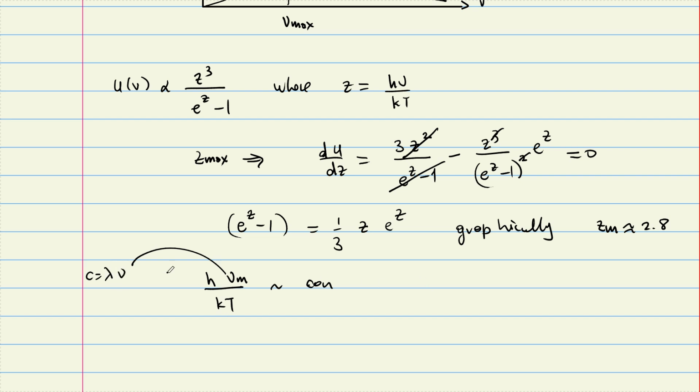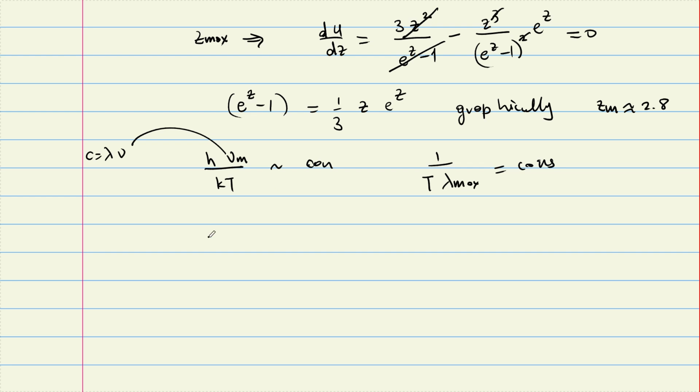And from here I can say 1 over T times lambda max is constant, or T times lambda max is some constant. You can calculate what this is, and this is called, I think, Wien's displacement law.